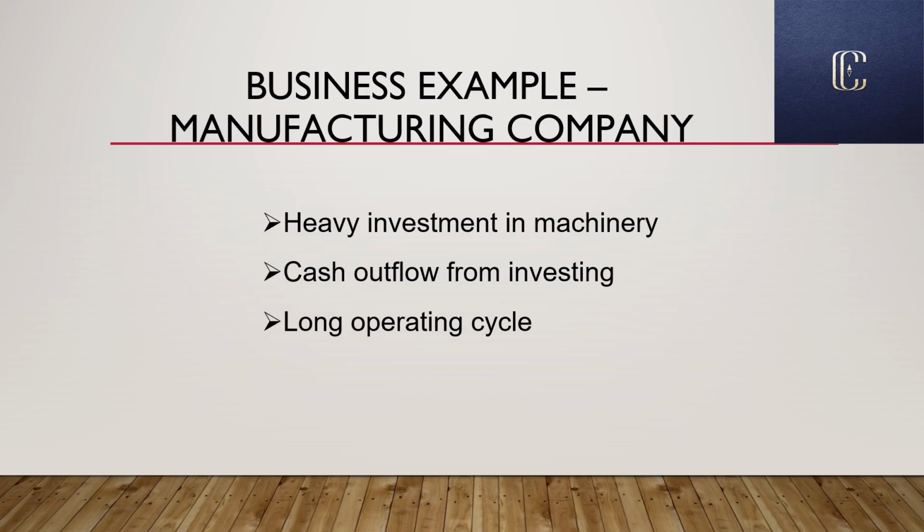Let us now understand the importance of cash flow using a manufacturing company example. Manufacturing businesses behave differently from small retail shops because they require heavy investment and a longer production cycle. Imagine a manufacturing company that manufactures furniture.